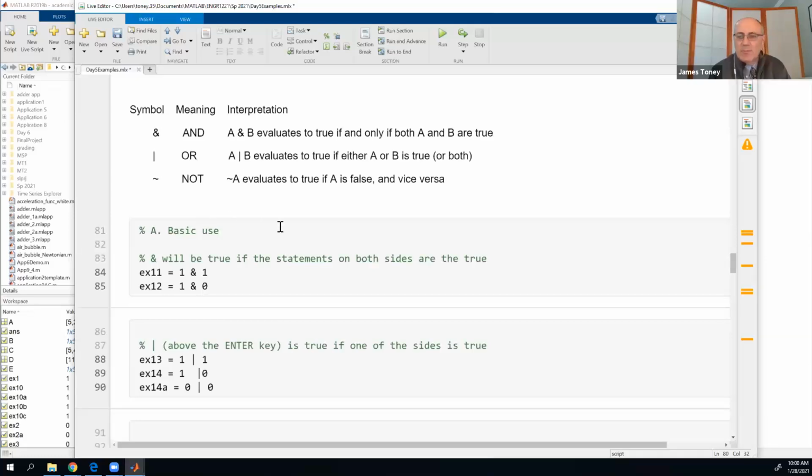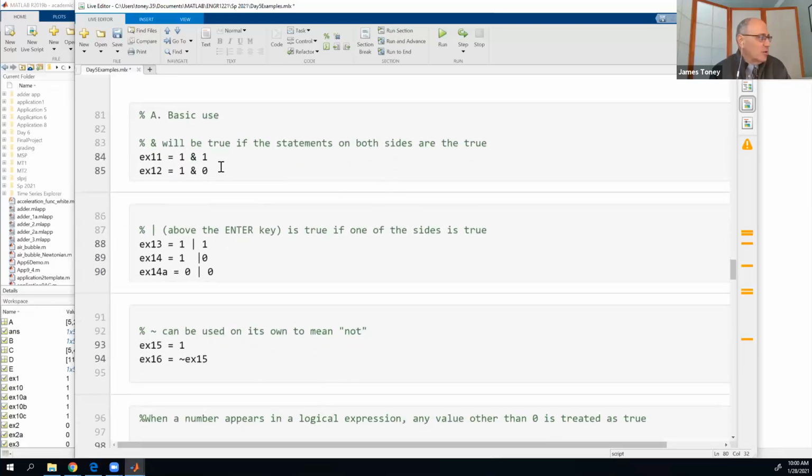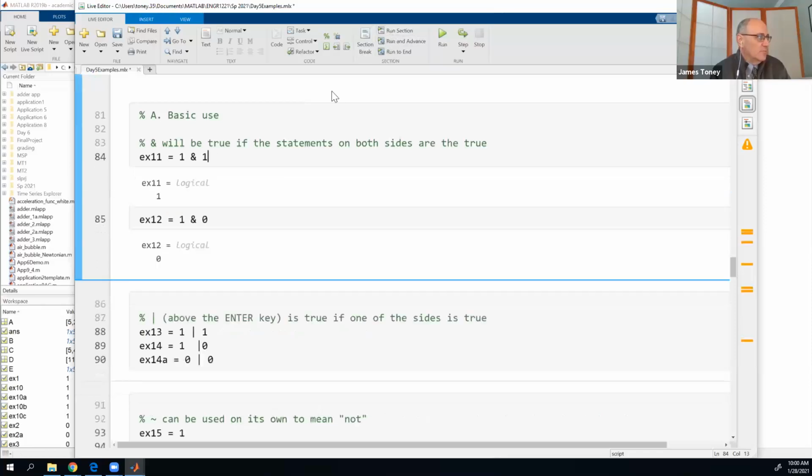So the next type of operator is what's called a Boolean: and, or, and not. And just a quick review of how those work. And, which is this ampersand symbol, gives you a 1 only if both of its operands are 1s. Or you could say it gives you a true only if both operands are true.